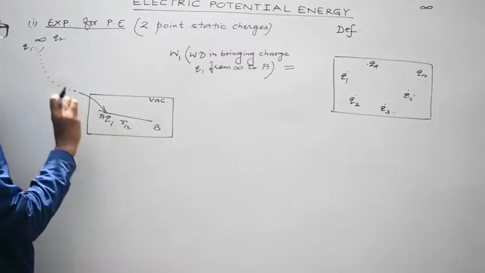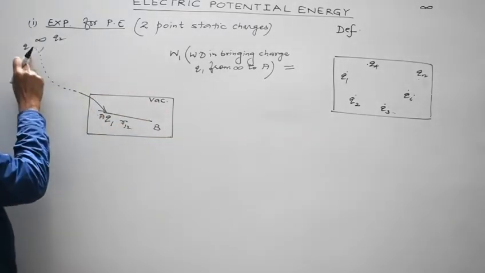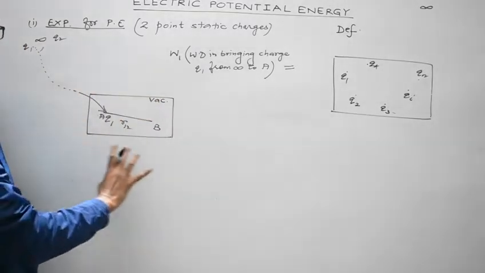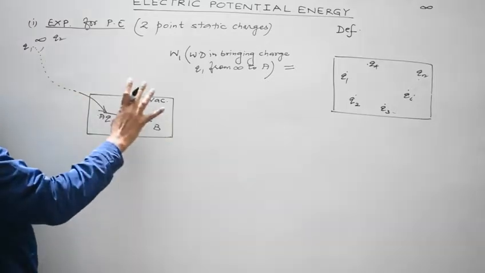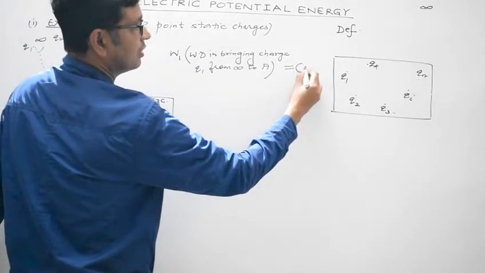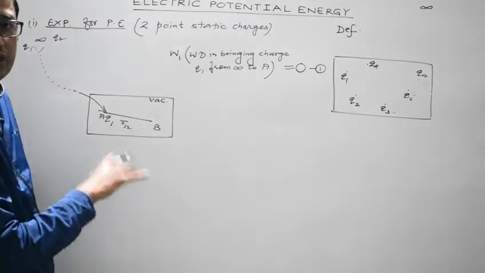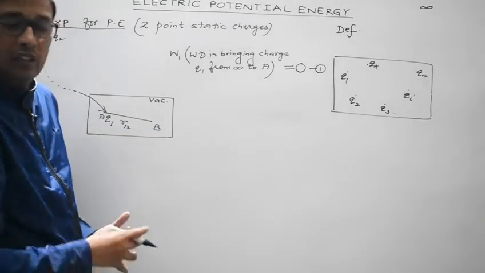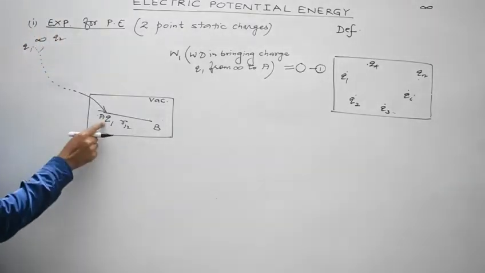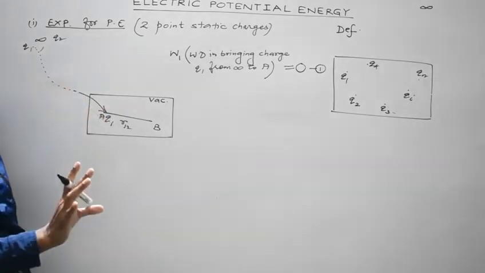It is not under the influence of any electric field. So, work done in bringing the charge Q1 from infinity to position A in the absence of any other charge or electric field would be 0. No amount of work is to be done. Since there is no other charge present near it, it won't exert any force. Therefore, in the absence of any force, work done would be 0.